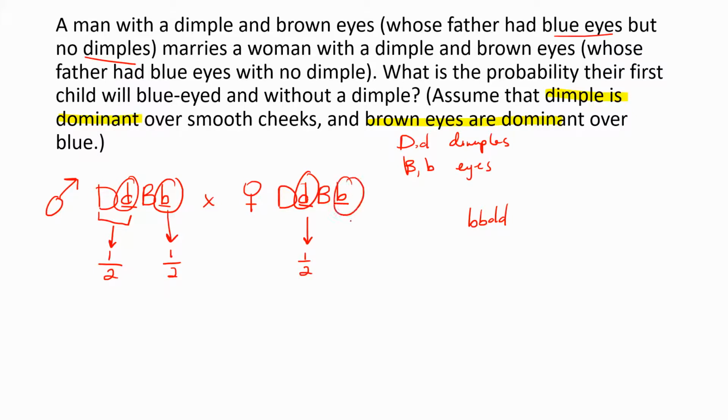And from their mom for the eye color, it's 1/2. So to find out the probability of them getting all of those gametes, you've got to multiply across, and remember, 1 times 1 times whatever is always 1. And then at the bottom you have 2 times 2 times 2 times 2. Stick it in a calculator, you get 16. So they have a 1 in 16 chance of having a double homozygous recessive baby.